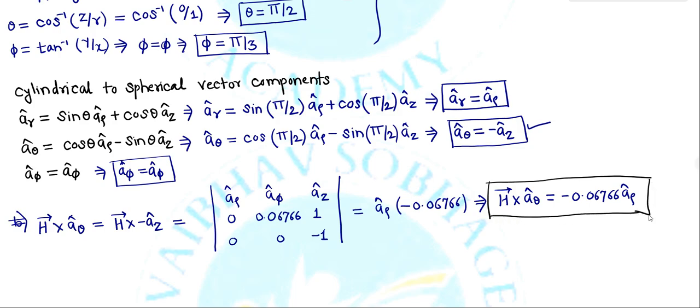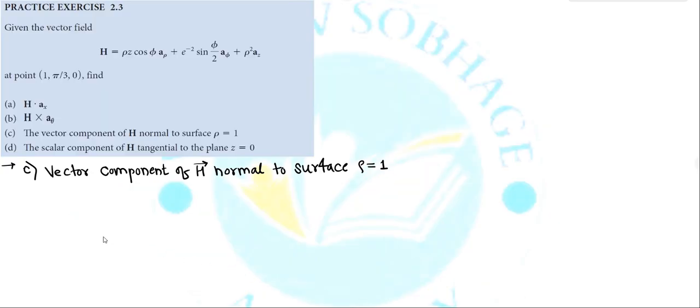Okay. Now we will move on to part C of this numerical. Within part C, we have to find out what is the vector component of vector h which will be normal to the surface rho equals 1. If you refer to my previous video, we have already done this part.